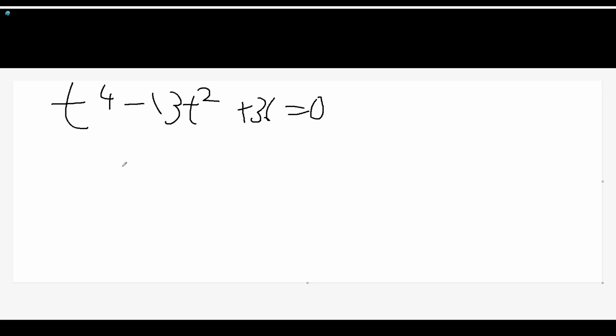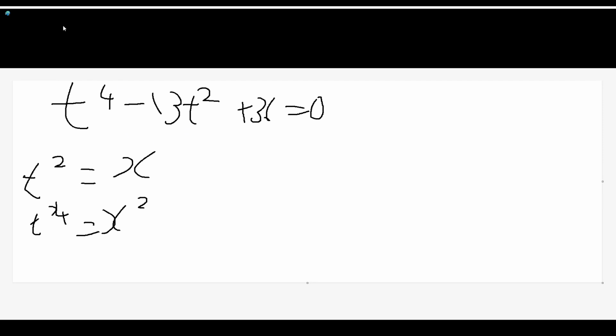Now, ordinarily, we can't solve this because it's got a to the power 4 in it, which is frustrating. It's not a quadratic. Well, we're trying to reduce this to a quadratic, so how do we do that? What we're simply going to do is say that t squared, we're going to let that be equal to x, all right? So in turn, what that means is that x squared is equal to t to the 4, and t squared obviously being equal to x.